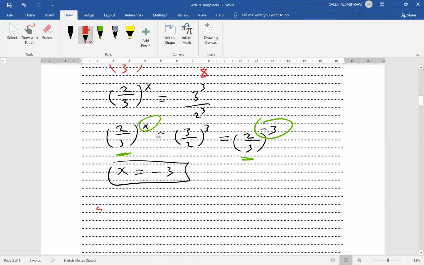Number 4. For that we have 4 to power x minus 1 equal to 16. So 4 to power x minus 1 equal to 16.